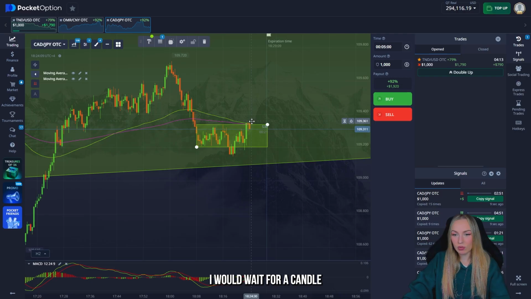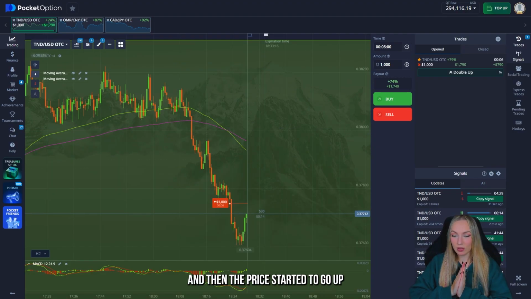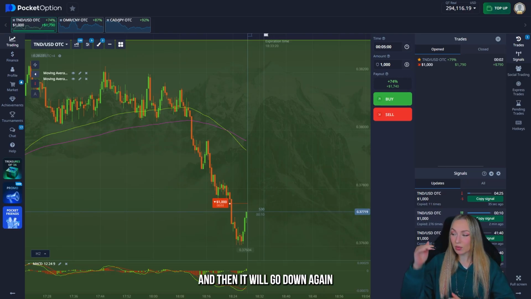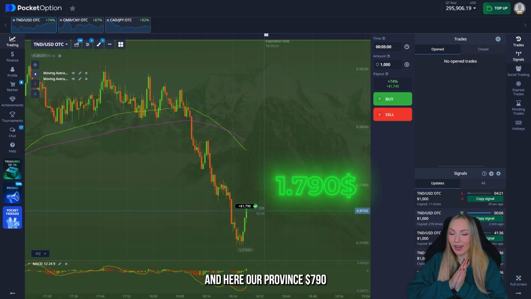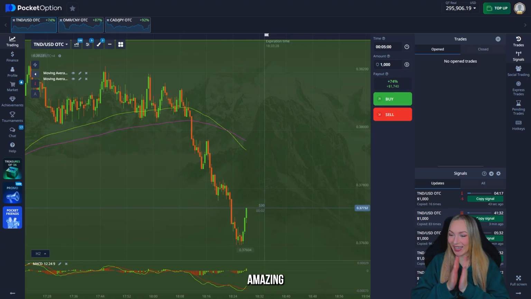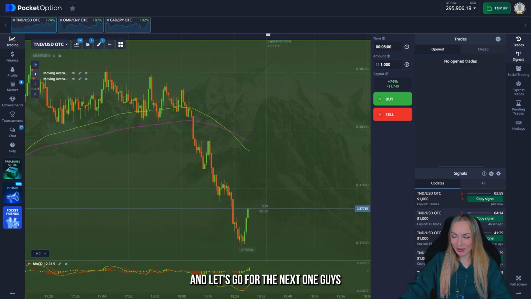I would wait for a candle that appears above this range, and then I would enter in the upward direction. Look at that, the price started to go up. I think it's going to be profitable, and then it will go down again. The price just moves in waves, and here is our profit, $790. Amazing. Let's go for the next one.